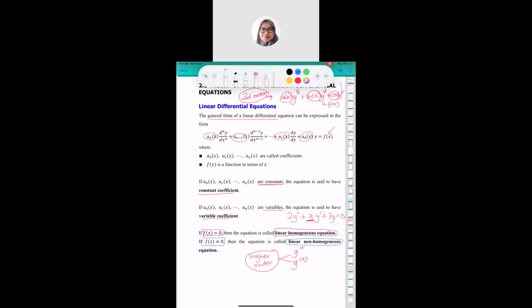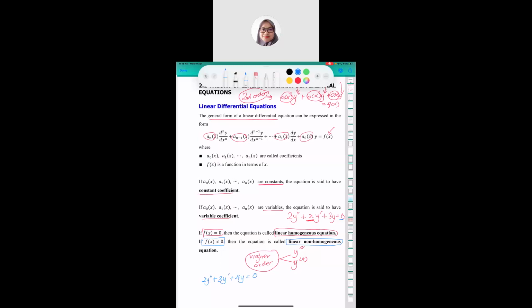Tapi kalau second order and higher order, bila kita sebut dia homogeneous equation, maksudnya equation tu equal to 0. So let's say kata saya ada 2y'' + 3y' + 4y = 0.